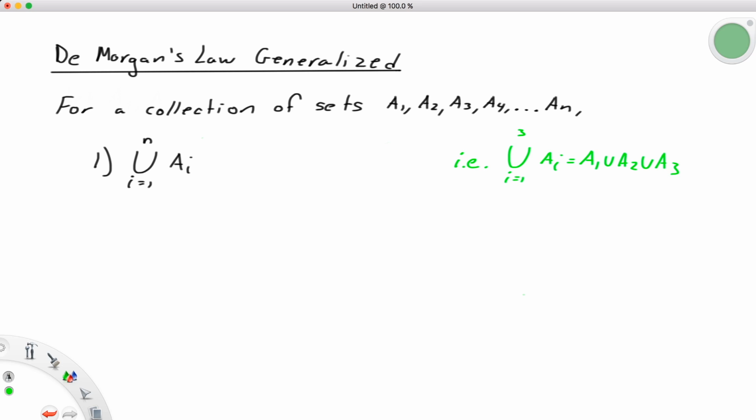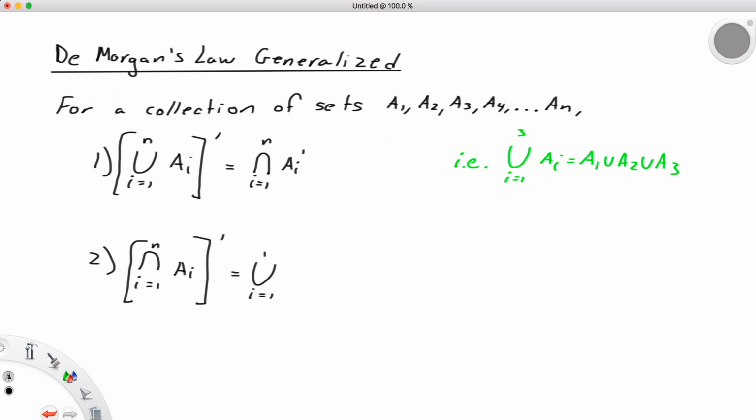And so then we can express De Morgan's law as the complement of the union from i equals 1 to n of Ai equal to the intersection from i equals 1 to n of Ai complement. We can write the second statement of De Morgan's law similarly. And so now, with a proof and a generalization of the statement, this about sums it up for De Morgan's laws in the context of set theory, though be prepared to see them again in a study of logic, where they will be helpful to simplify logical expressions.